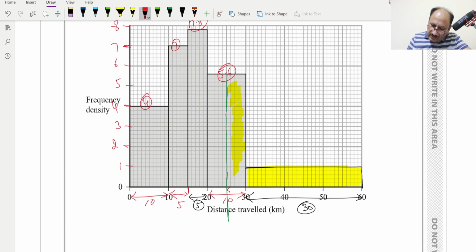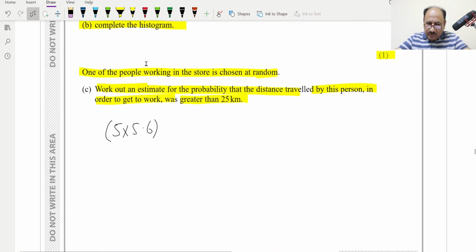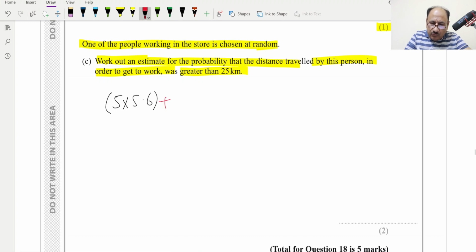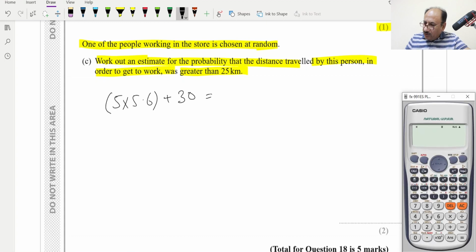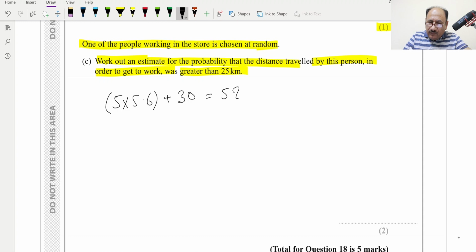Because this distance will be 5, and this height is 5.6. So height multiplied by width. For the next one, this will be 30 multiplied by 1, height is 1. So it will be plus 30. We will check: 5 multiplied by 5.6 is equal to 28, plus 30 is equal to 58. So it will be 58.